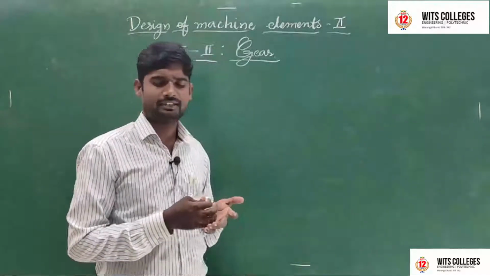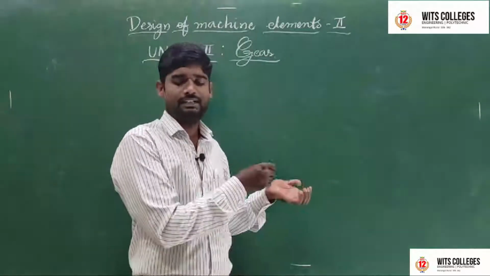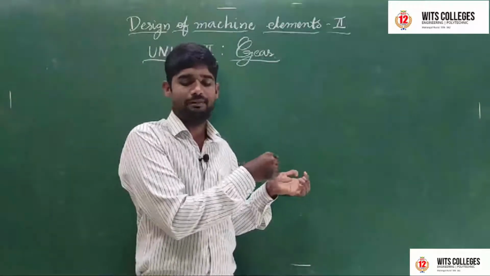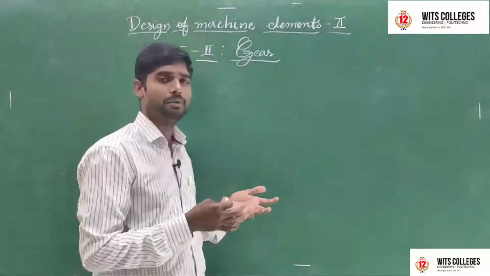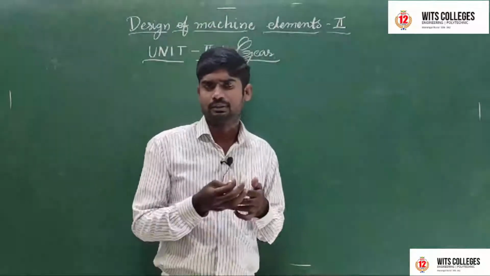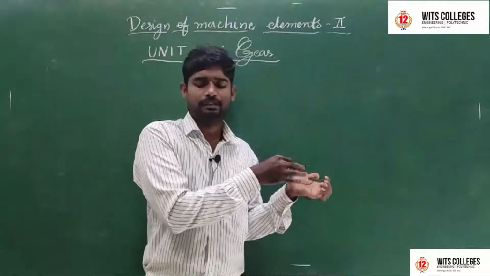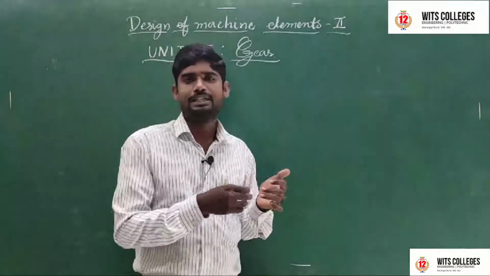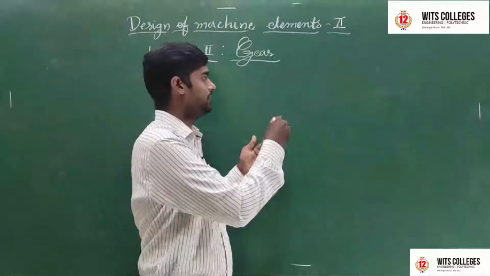In an earlier class we already discussed that the slip of a belt or a rope is a common phenomenon in the transmission of motion.